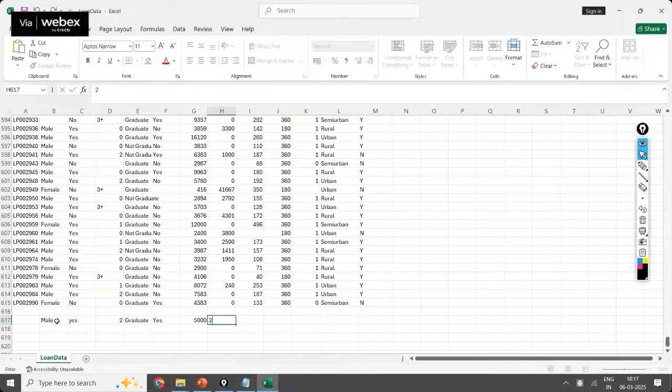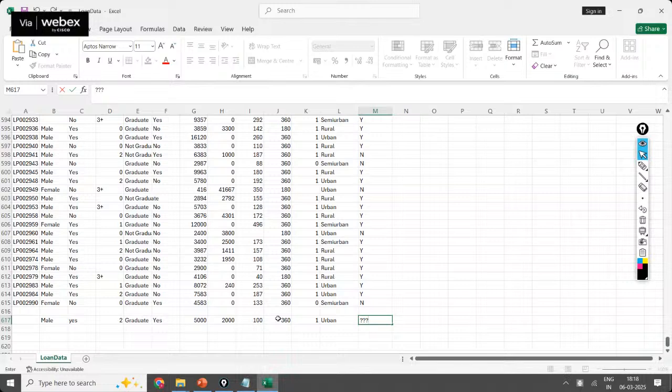And the loan amount they are looking for is 100, in thousands of dollars, with a loan tenure of 360 months. Credit history is yes, and located in an urban area. Now, for this person, you have to predict whether he is eligible for the loan or not.